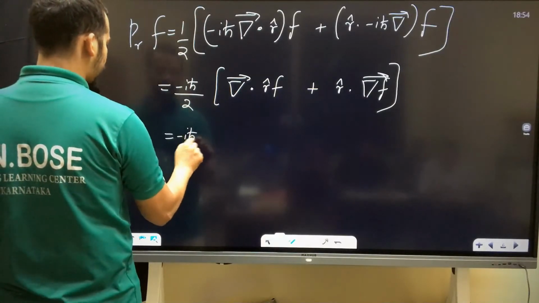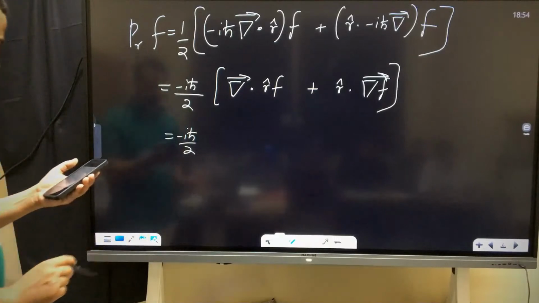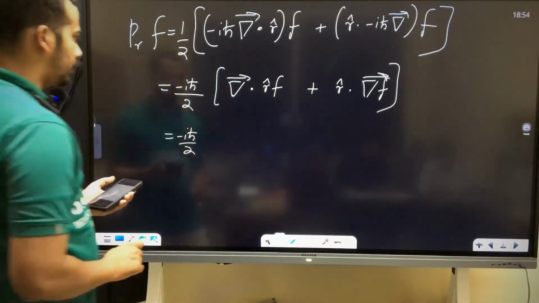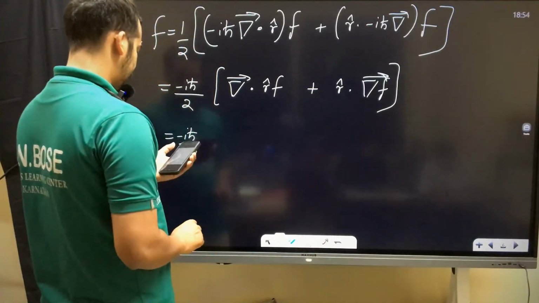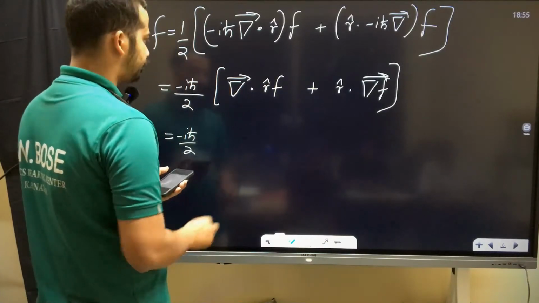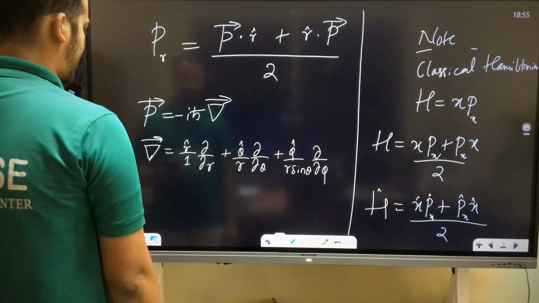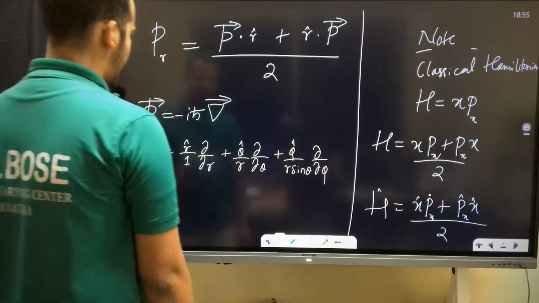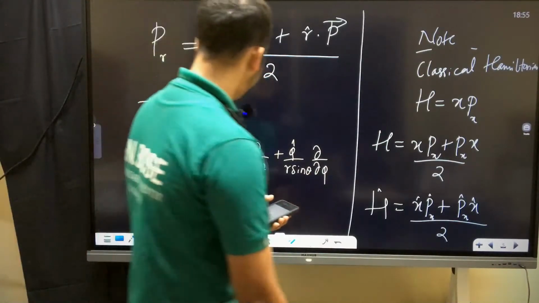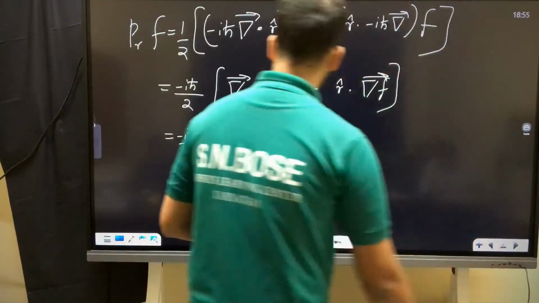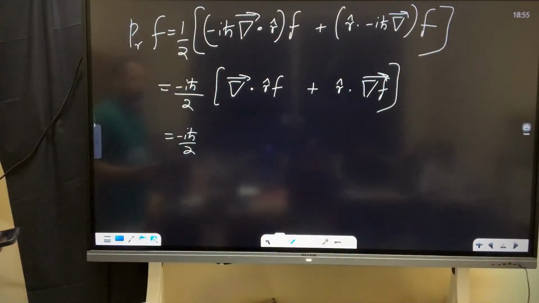Minus i h bar by 2. When you do this one, a bit of a tricky step may come. What is this? r cap into f. Am I right? I think that is simply a divergence.